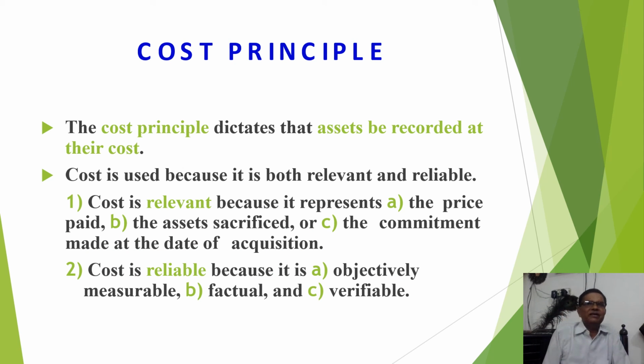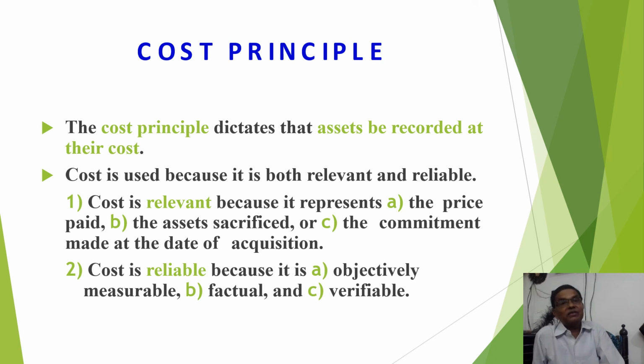My dear friend, at cost, all the information is recorded. Cost is used because it is both relevant and reliable. Cost is relevant because it represents the price paid, the assets sacrificed, the commitment made at the date of acquisition.